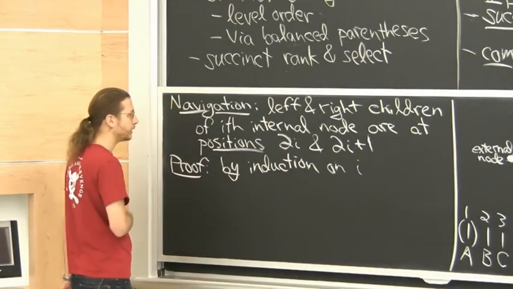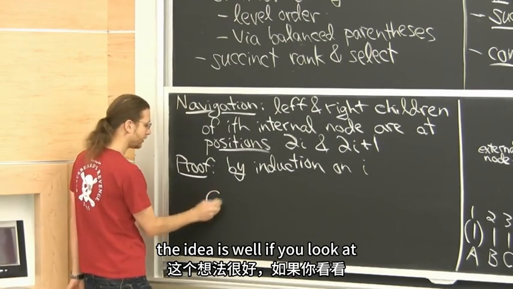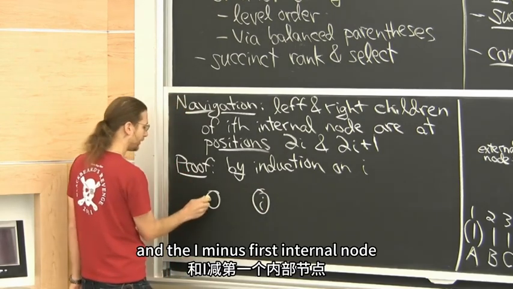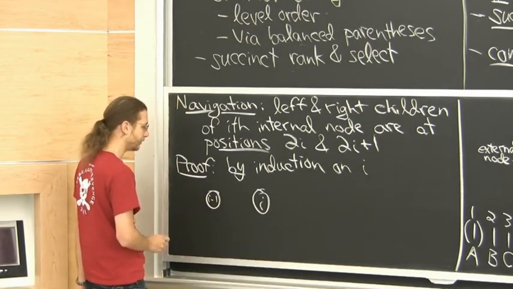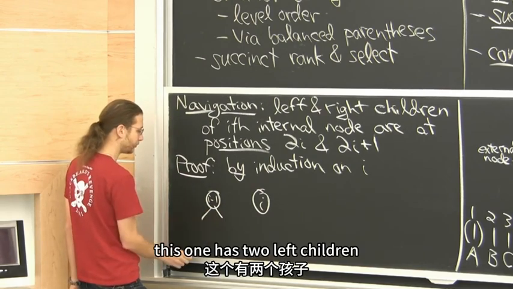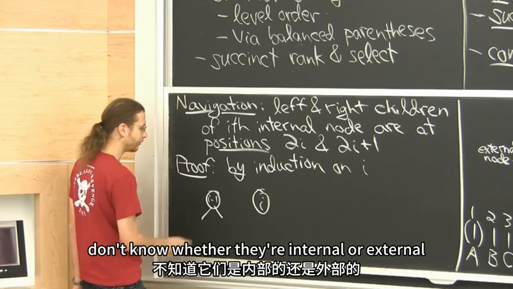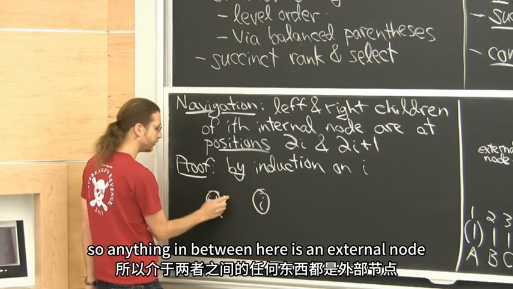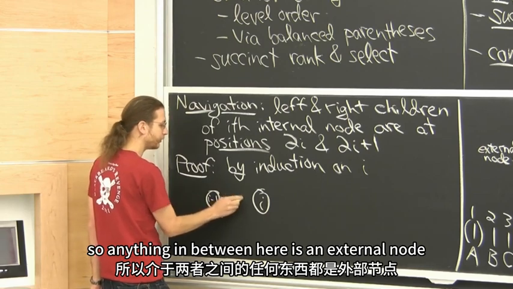So the idea is, well, if you look at, let's say, the ith internal node and the i minus 1st internal node, this one has 2 left children. We don't know whether they're internal or external. Between them, they're on the same level, and we're in level order, so anything in between here is an external node.